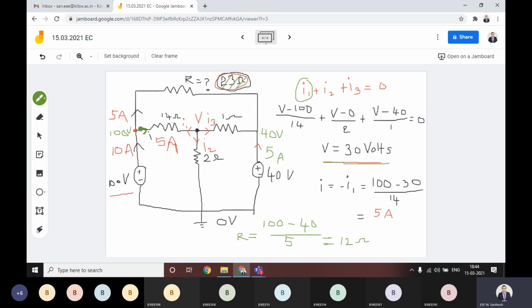For that reason I have taken I equal to I1 with the negative sign. Then I is equal to 100 minus 30 by 14, so you have 5 amperes.